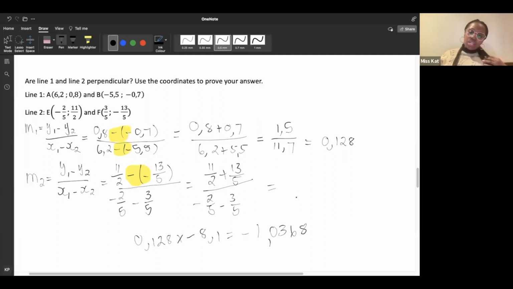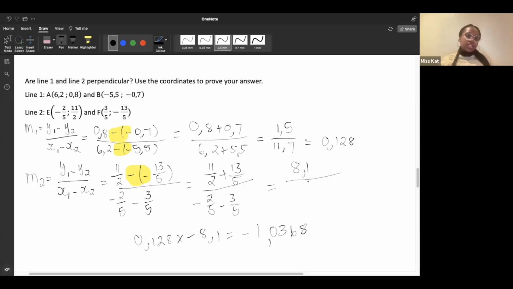But if you use your calculator, what do you get when you say 11 over 2 plus 13 over 5? It's 8.1. Okay, so we have 8.1 at the top. Here you have negative 2 over 5 minus 3 over 5.